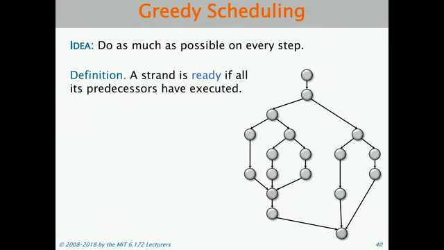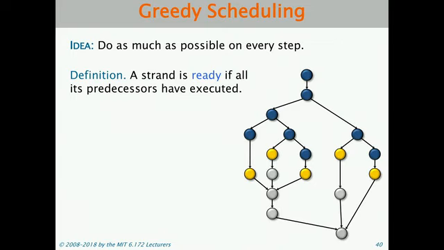We're going to define a ready strand to be a strand where all of its predecessors in the computation DAG have already executed. So in this example here, let's say I already executed all of these blue strands. Then the ones shaded in yellow are going to be my ready strands because they have all of their predecessors executed already.